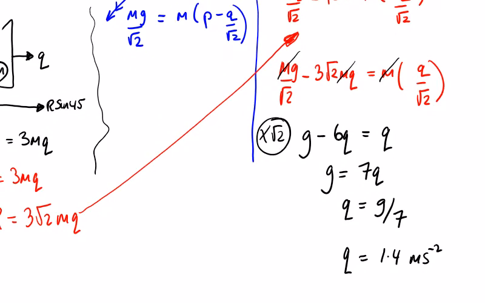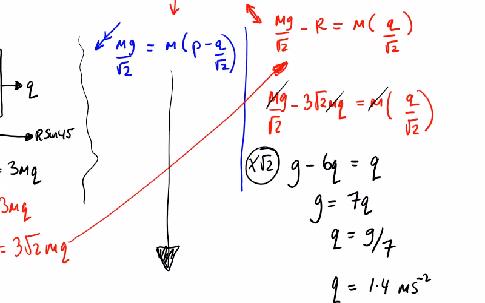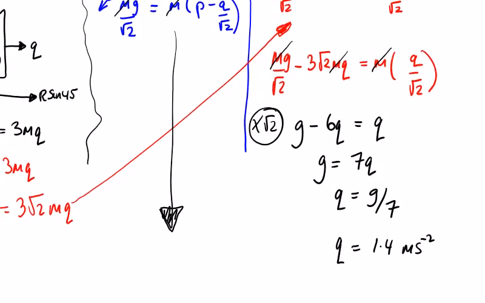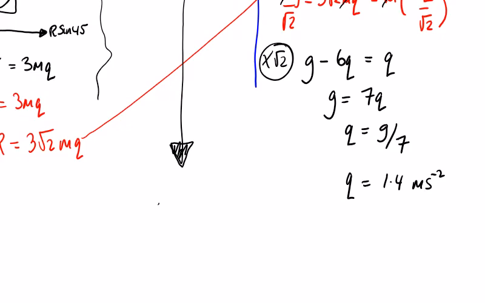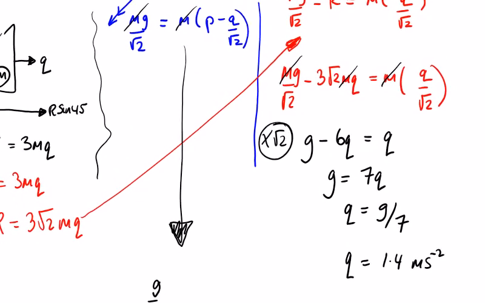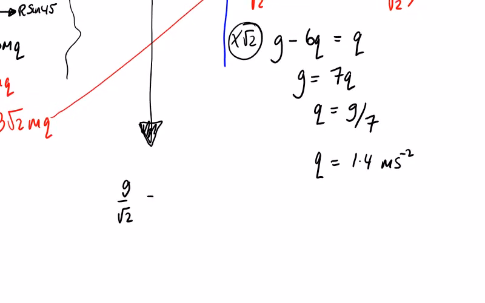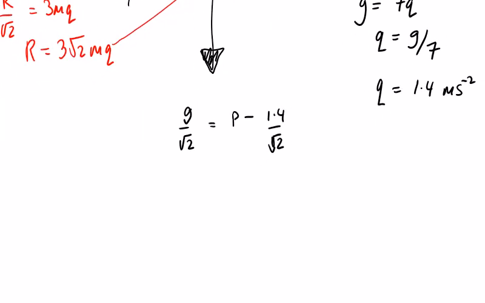Now, if I bring this guy down, I should be able to solve for P. So my m's can cancel there. Let's get rid of them. So I'm going to get g over root 2 is equal to P minus Q over root 2, is equal to P minus 1.4 over root 2. I think the easiest way here is just use numbers and get a calculator.